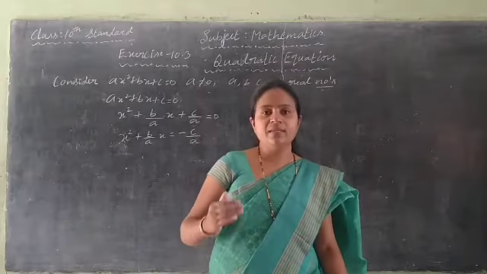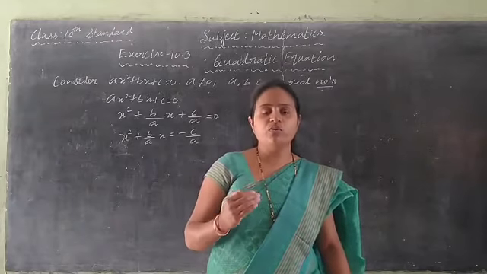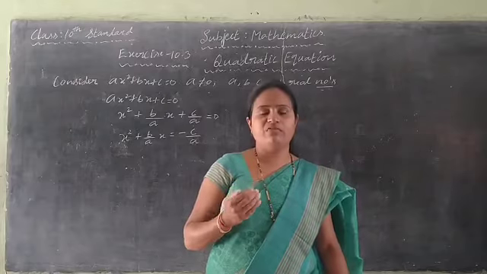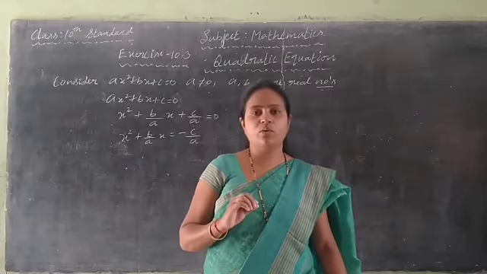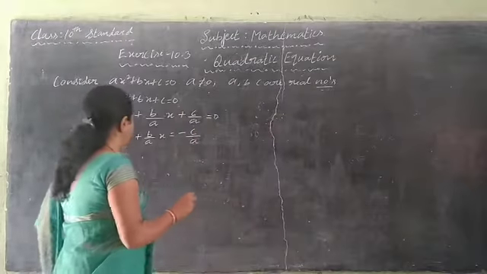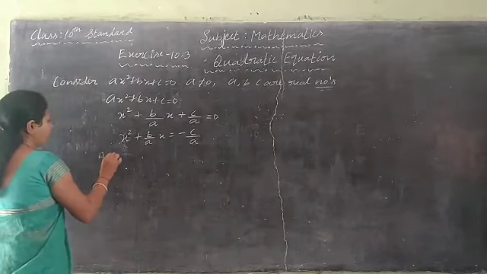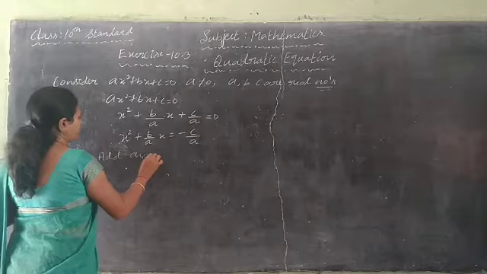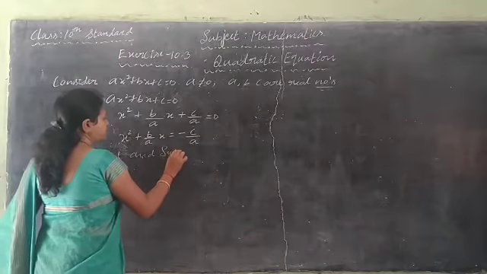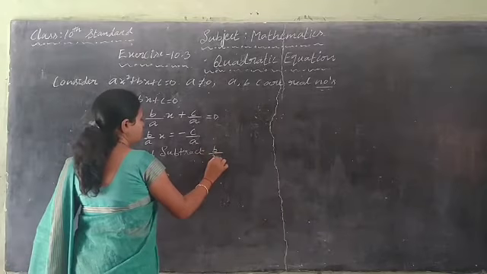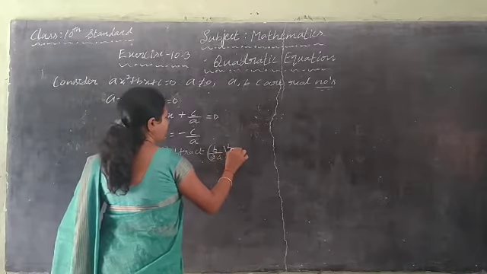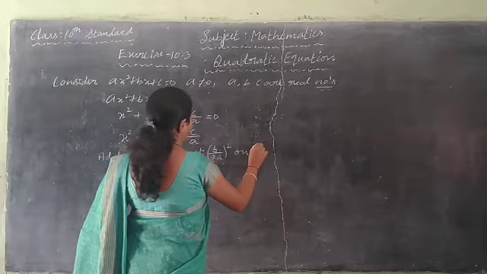In the next step what we are going to do means we have to add and subtract. We are going to add as well as subtract b by 2a whole square on both the sides, children.